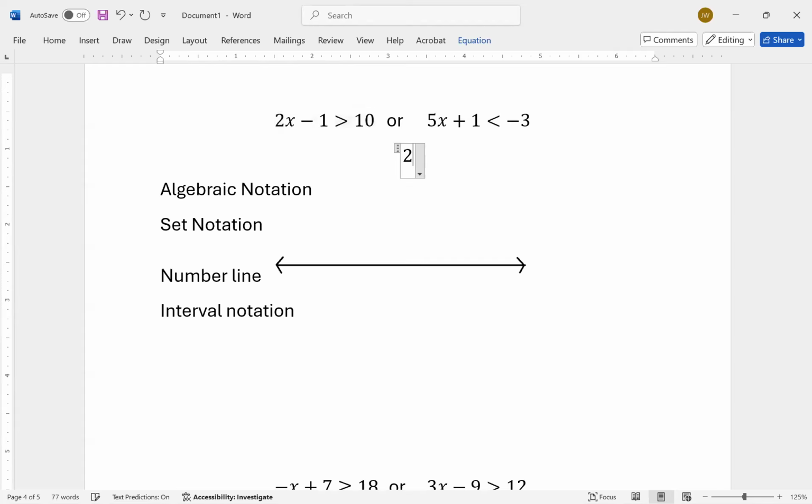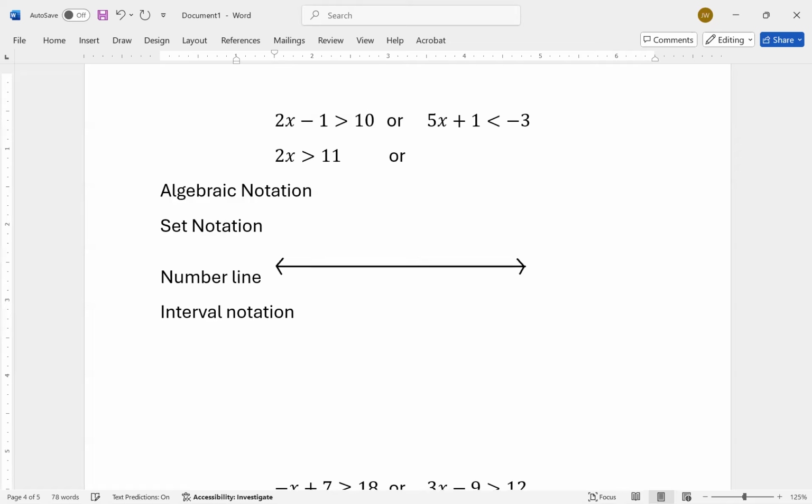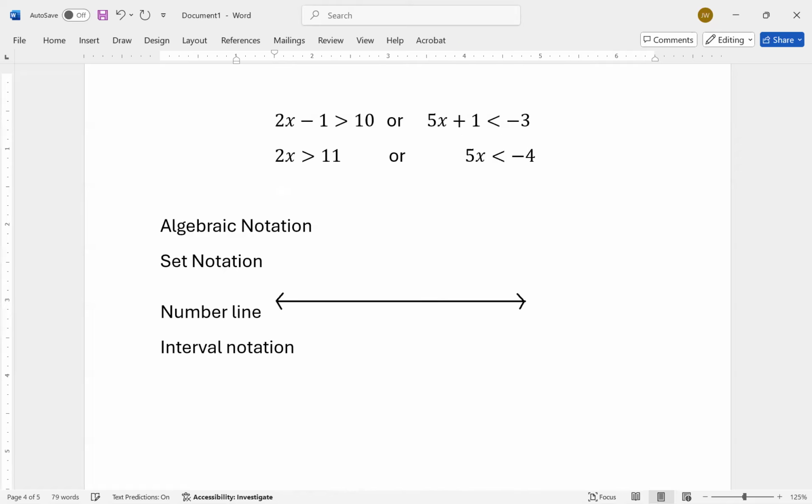That would give me 2x is greater than 11. Again, I'm going to solve both at the same time. So 2x greater than 11 on that one. And then on the other one, we have 5x. I'd subtract 1 in this. 5x is less than negative 4.